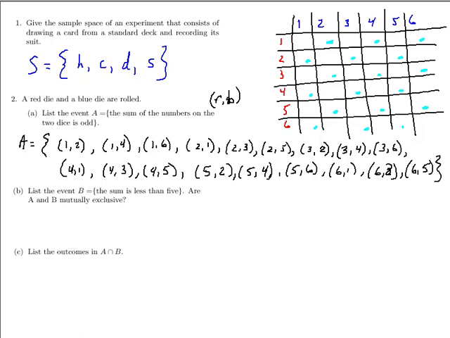Part B said, list the events where the sum is less than 5. So I'll put a green dot in these. All the ones that have a sum less than 5 have the green dots.